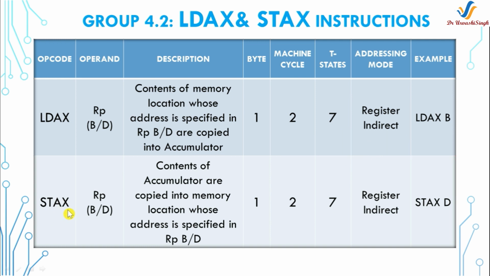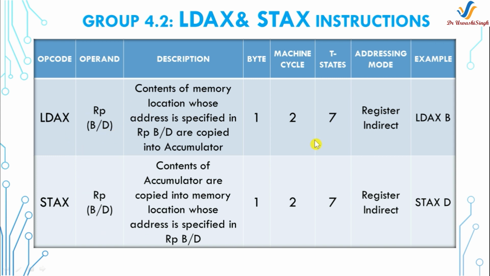Now the instruction STAX, here the operand is once again register pair B or D. In this instruction, the accumulator contents will be copied into the memory location whose address is specified in register pair B or D. These instructions LDAX and STAX require only 1 byte of memory for opcode. And in the LDAX case, the second machine cycle is memory read for reading the address of this register pair B or D and taking input into the accumulator.